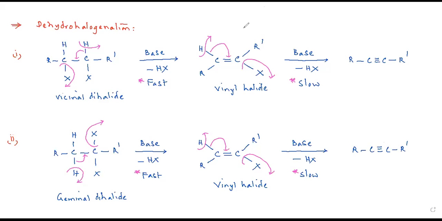Now, let's see why the first step is fast and the second step is slow. What are the conditions for elimination?